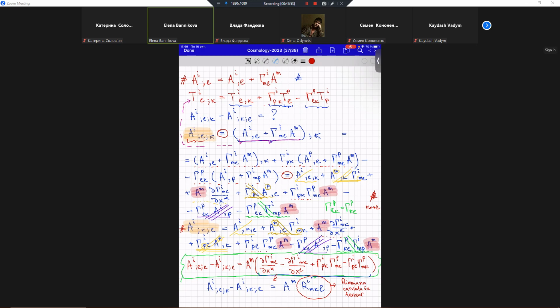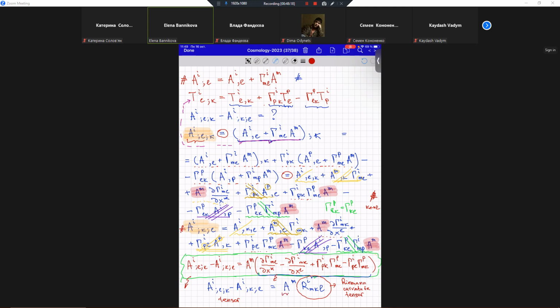But we can look at this final expression and understand that on the left side we have a tensor, because the operator of covariant derivative makes a tensor from a tensor.